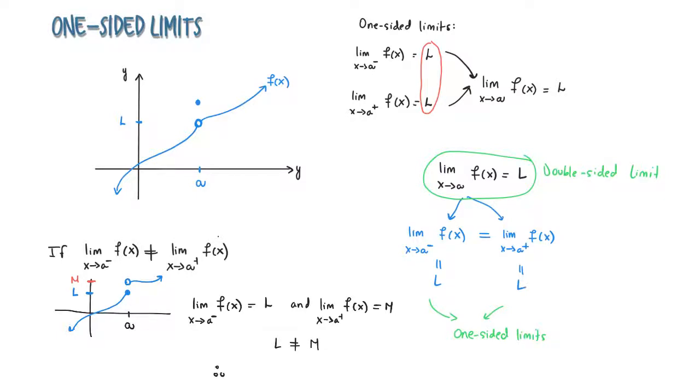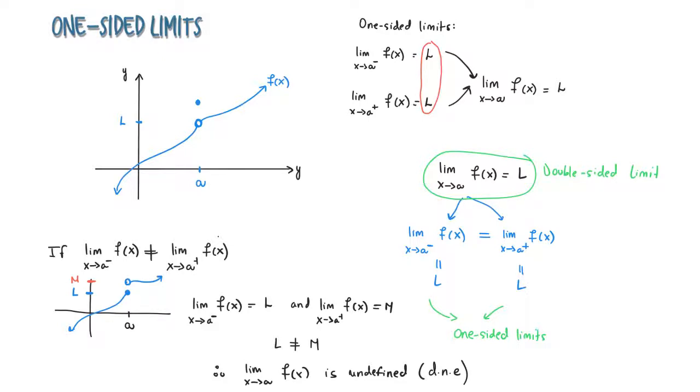Therefore, the double-sided limit does not exist. The limit as x approaches a of f of x is undefined or does not exist. My shortcut for writing does not exist will be D and E.